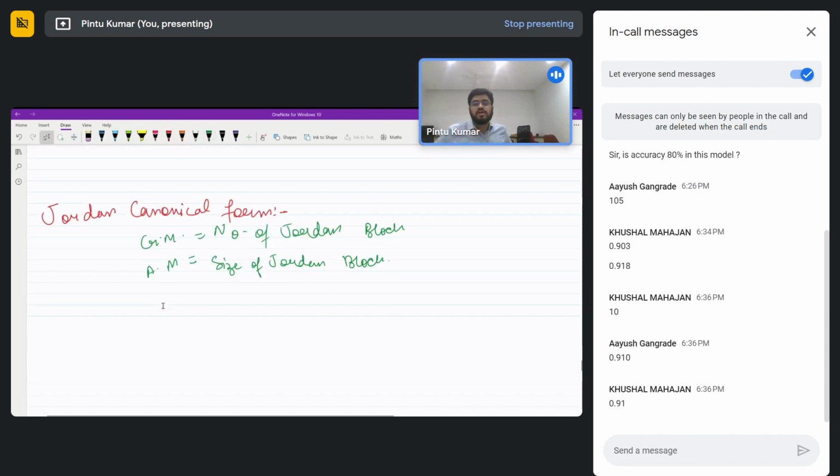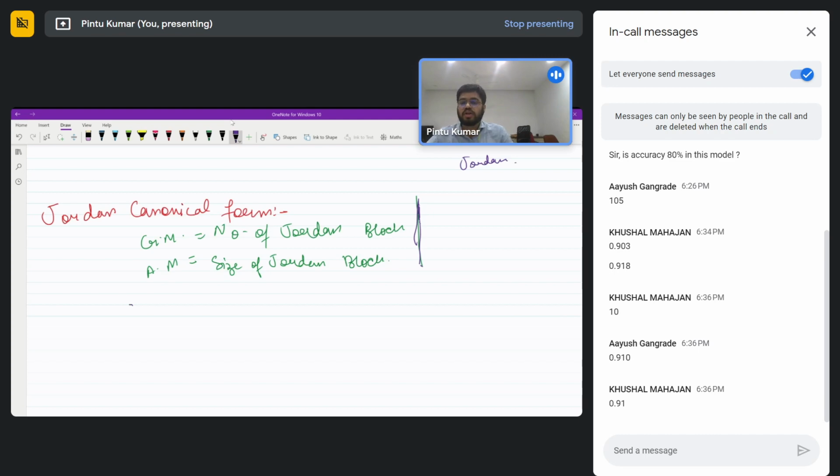Now there is a very simple rule in Jordan canonical form. How do we calculate Jordan canonical form? You will do exactly the same as you do for your eigenvalue and eigenvector, but now your Jordan block will have a special structure.